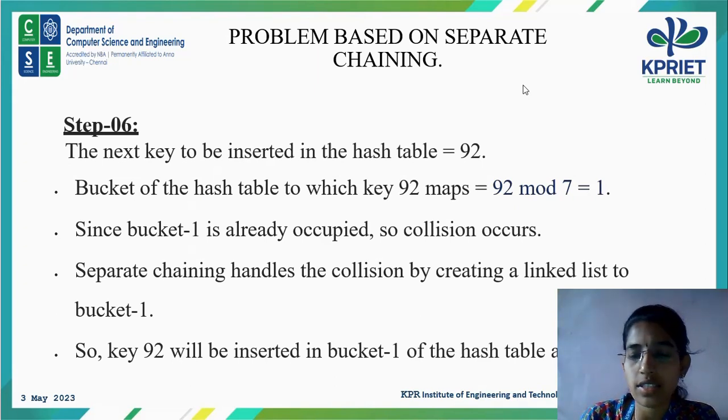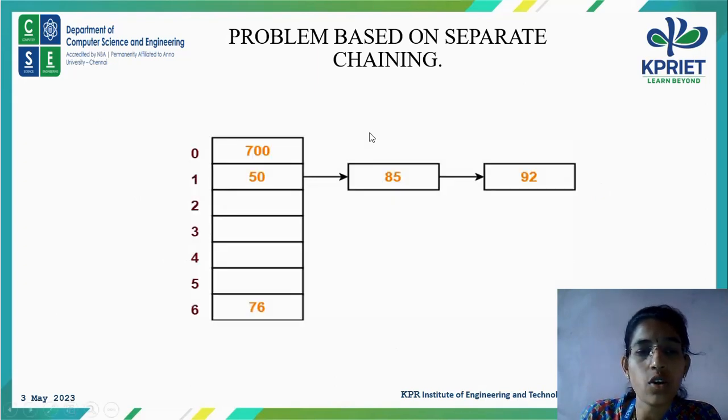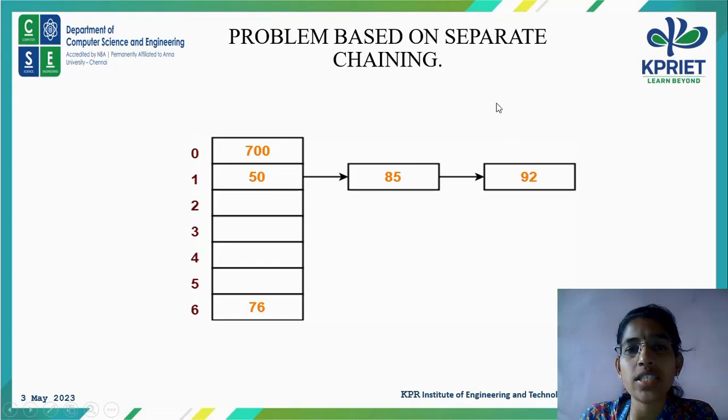Already 50 and 85 share the first place using a linked list. One more node 92 is created and joined with 85. So node 50, node 85, node 92 make a chain. This is known as the separate chaining method.